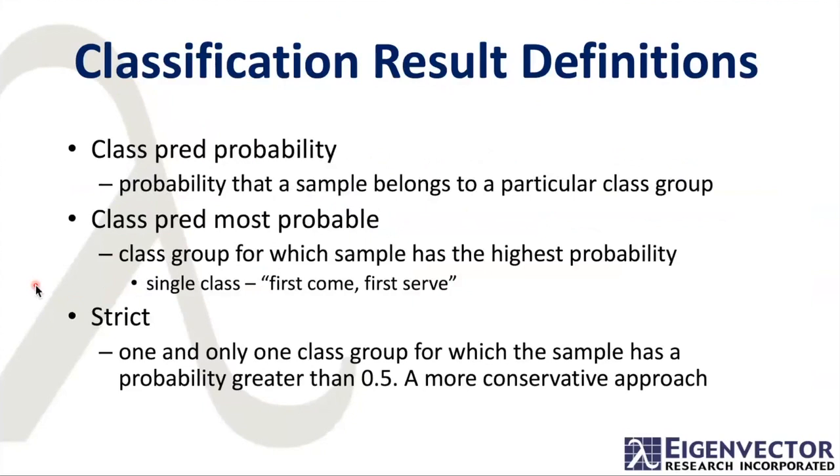And while that's convenient to always have a predicted class, it might not be advisable in that case. And that's why we introduced this strict prediction rule, where basically the rule says that only one class should be predicted, and that the probability has to be greater than 0.5. That threshold can be adjusted by the strict threshold option. Okay, let's go ahead.